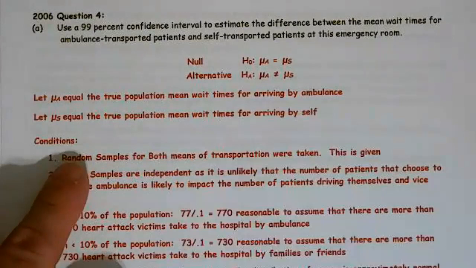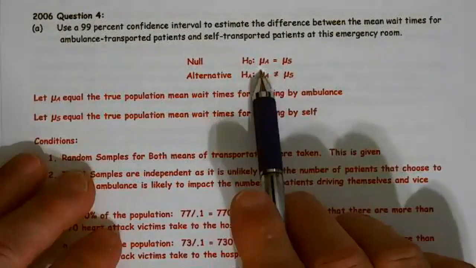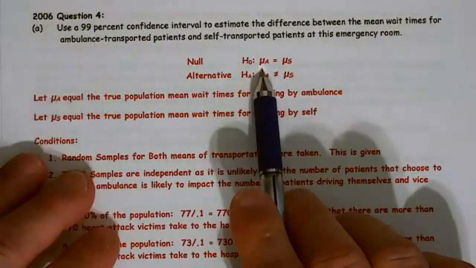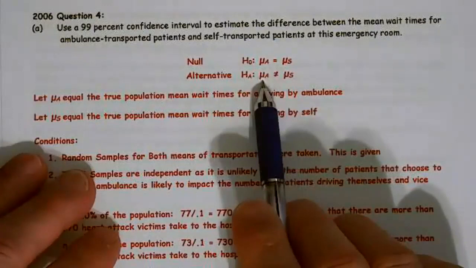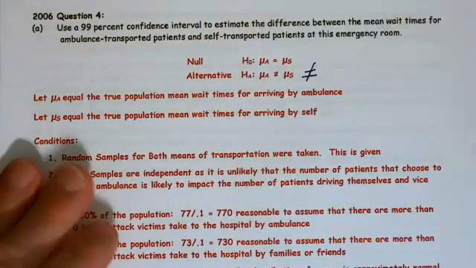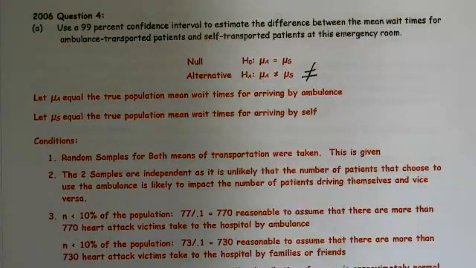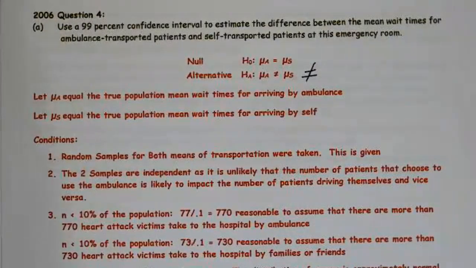You don't have to state the null and alternative, but I tend to do that because it just keeps me thinking. So in this case, we're assuming that they're equal, but because the confidence interval is always a two-tailed test, my hypothesis statement would be not equal if I wrote it. Not required, but it helps me when I'm doing my work.